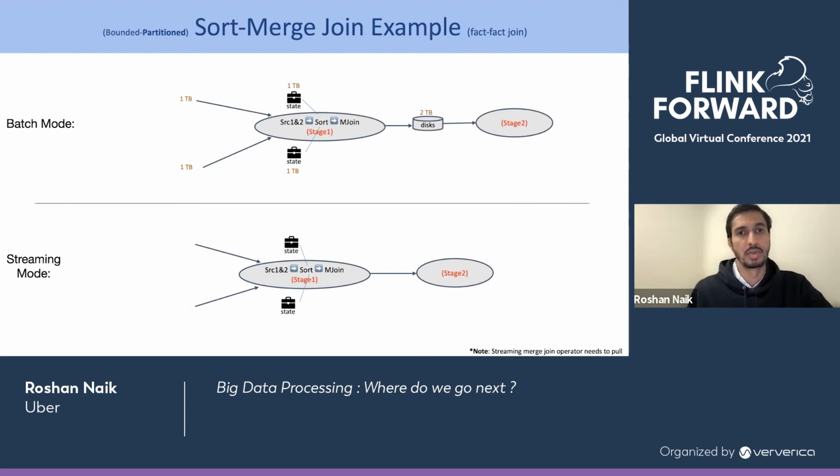So let's simplify this example. If you assume the input is already partitioned, then you can eliminate the first stage and merge those sources directly into the downstream stage and sort it without having to repartition it.